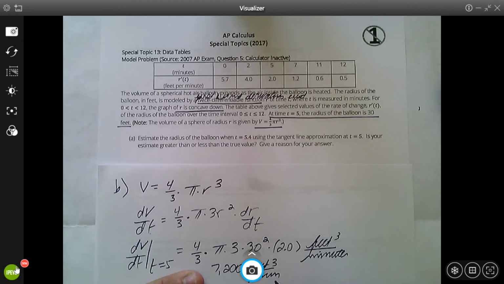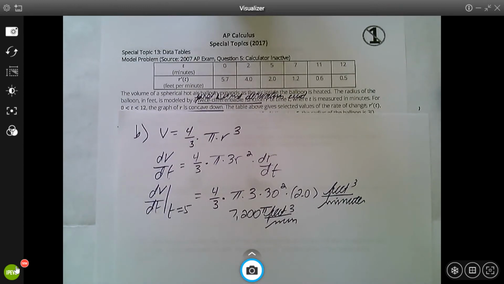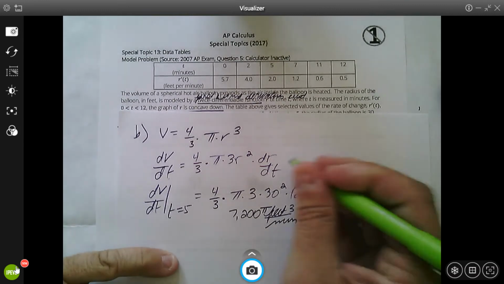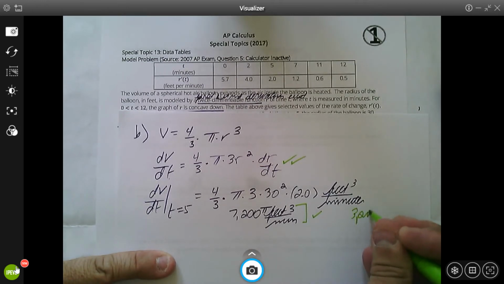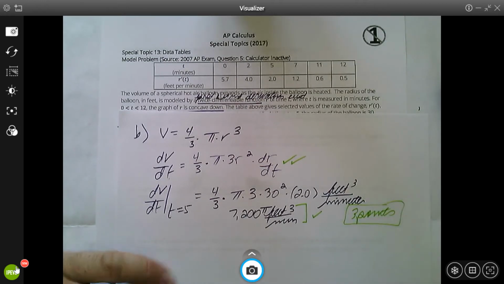Oh my God, I would have completely blown it and lost the point there. 7,200 pi cubic feet per minute. That would be your final answer. Where did they award points? 2 points for the derivative, 1 point for the numerical value, for a grand total of 3 points.